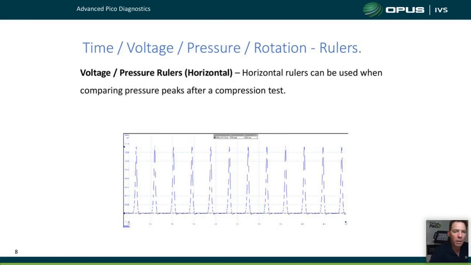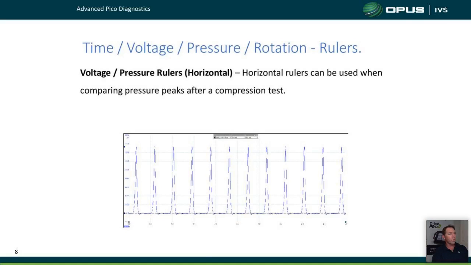Okay, the next one that we can use these for is when we're looking at pressure measurements. Now, we use these horizontal rules, generally when we do compression testing. So I think a lot of you now have the pressure transducers or either the first look sensor or the in-cylinder pressure transducer. That's the WPS 500X or WPX 500S.